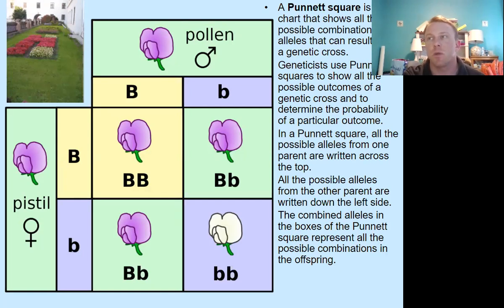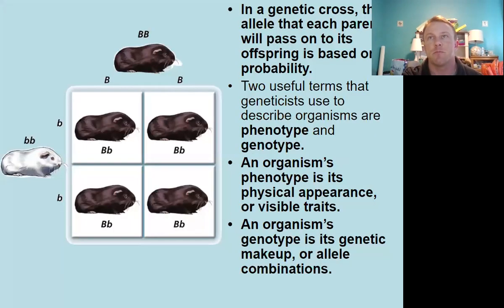The possible alleles from the other parent are written down the left side. The combinations of the alleles in the boxes of the Punnett square represent all the possible combinations of the offspring. Okay, so does that make sense? The top is one parent, the side is the other parent, and everything in the center are the little ones. Okay, you have to write all of these, pause the video until you're done.